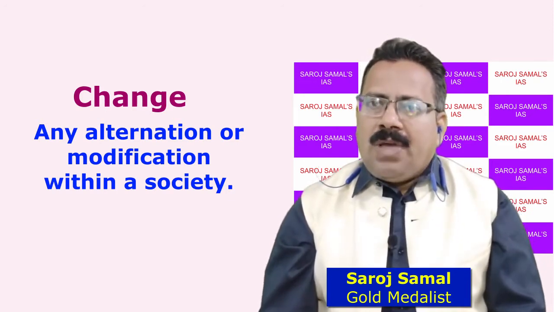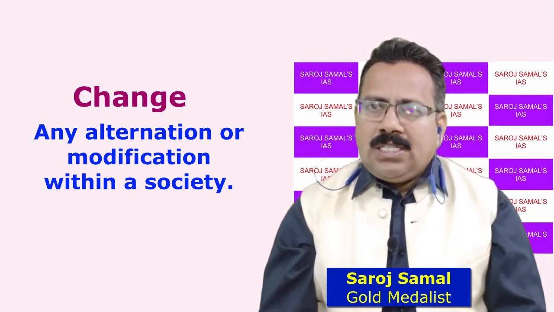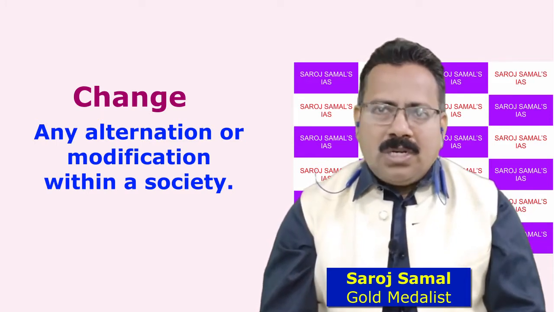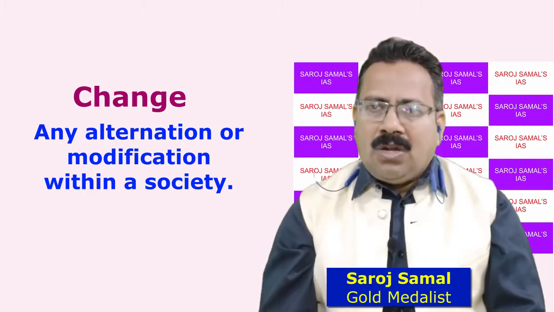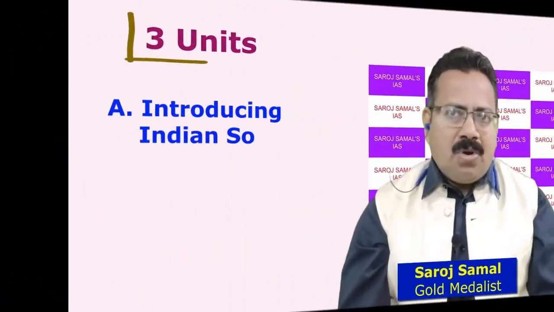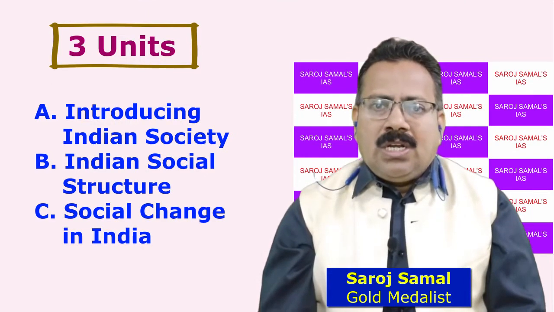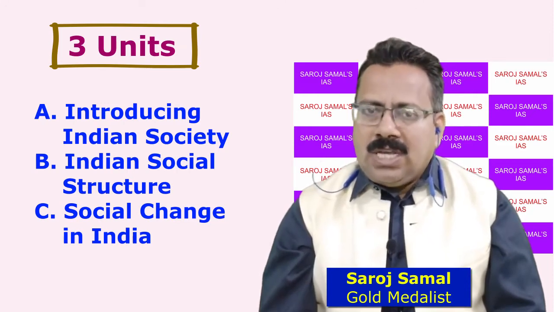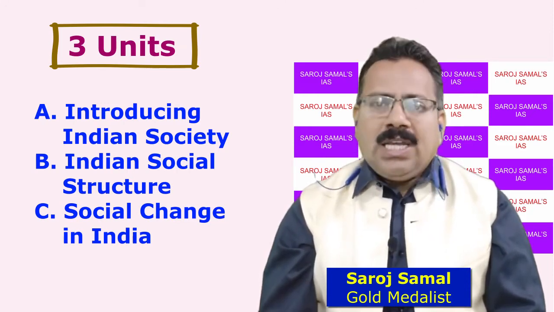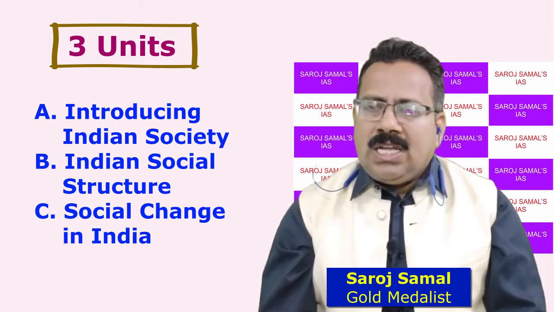I will tell you that this Paper 2 of Sociology for the UPSC Civil Service Examination consists of 3 broad units. What are the 3 broad units? First unit is introducing Indian society. Second is social structure in India.